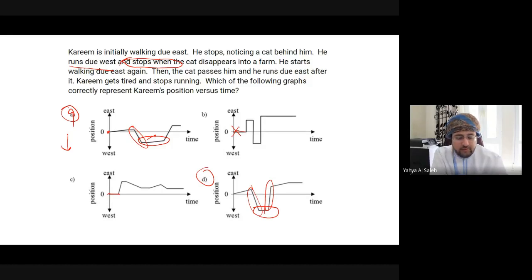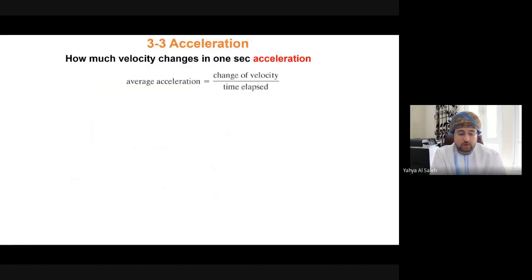Okay, it's very good. A and D are very similar here. The only reason I chose D over A is because in D we have this flat area and in A we don't. So what is this change, this slope? Well, just like the change in position, we called it velocity.